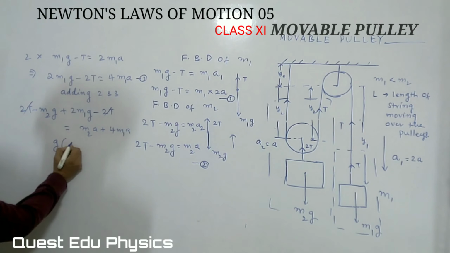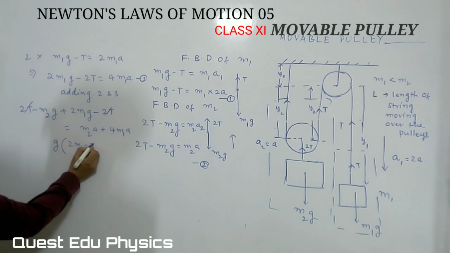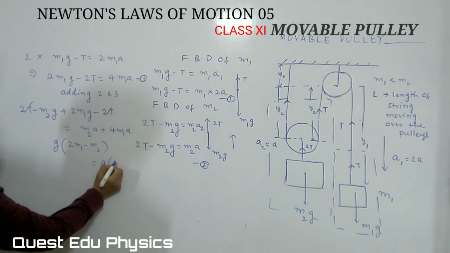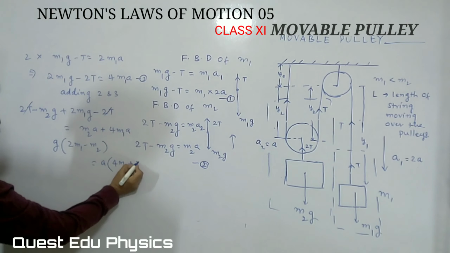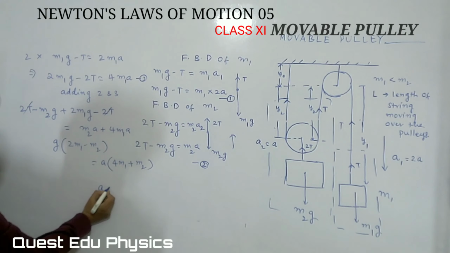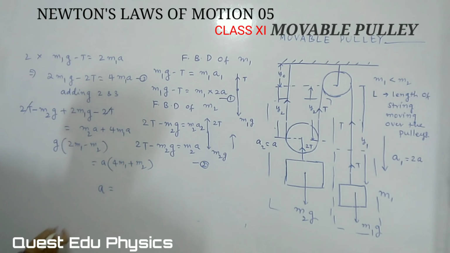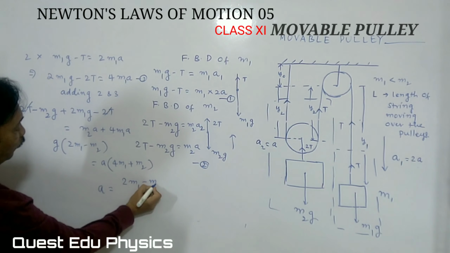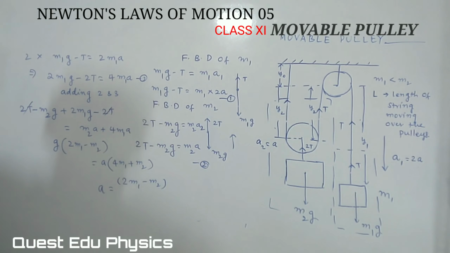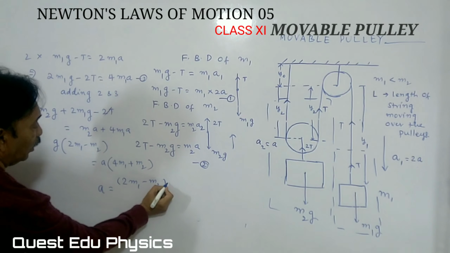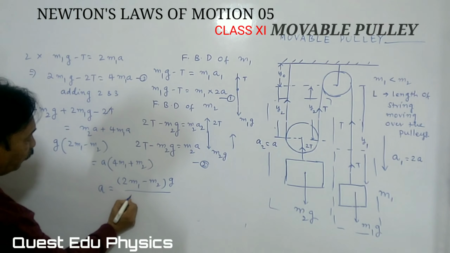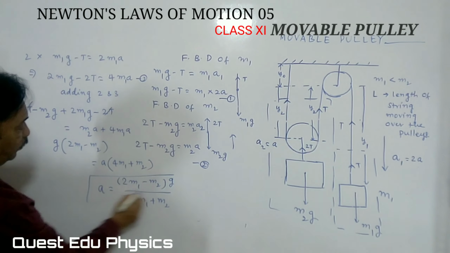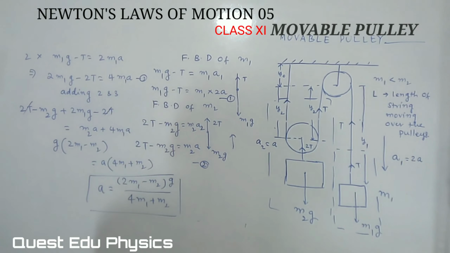G of 2M1 minus M2 is equal to A of 4M1 plus M2. And we get the acceleration. Acceleration of the system is 2M1 minus M2, okay students, of G by 4M1 plus M2. It is the desired acceleration, students.